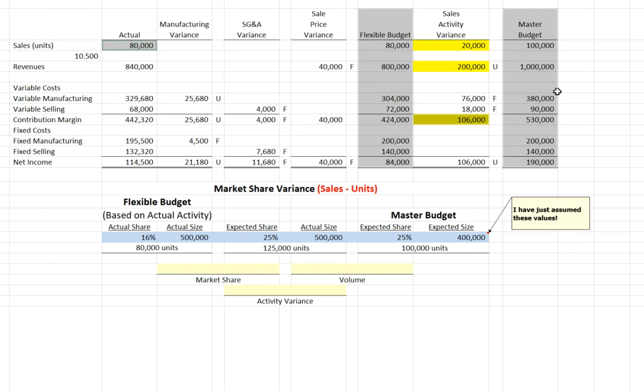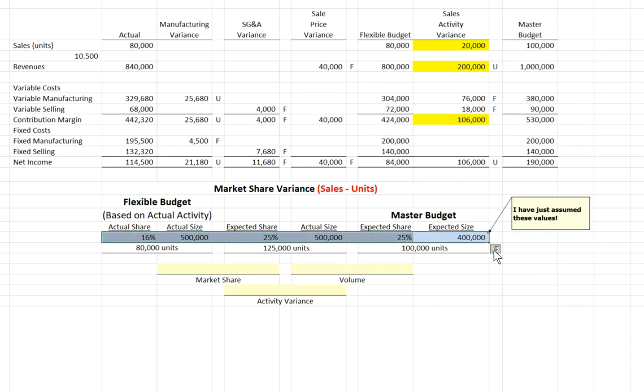Let's go ahead and walk through our calculation of market share and industry volume variances. Now, we would be given the information in this blue field in a problem. I've just assumed that we had an overall estimated industry volume of 400,000 units, and we had a 25% expected share of that, and that's where we got our original budget amount of 100,000 units.